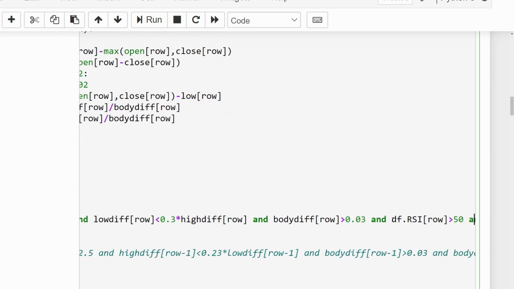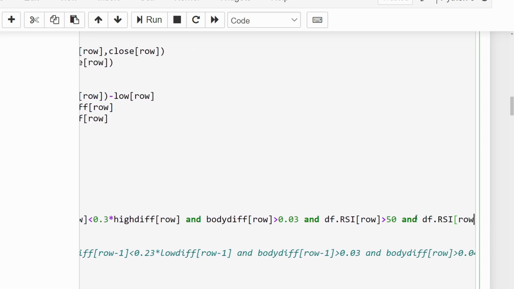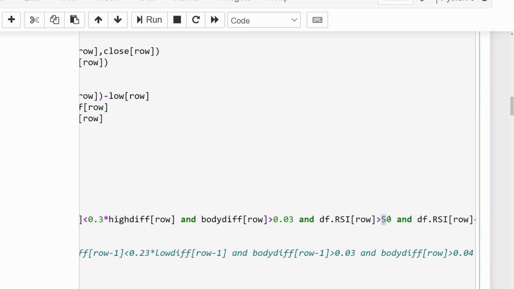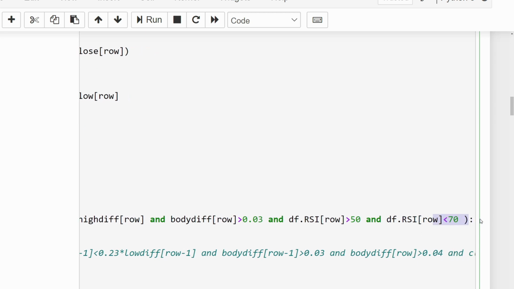So I can also use the RSI, the relative strength index, and I want my RSI to be higher than 50% and lower than 70%. The reason I'm using these values is that below 50% might be an indicator that we have an oversold currency. However, if you have something higher than 70%, it might also indicate a strong upward trend.